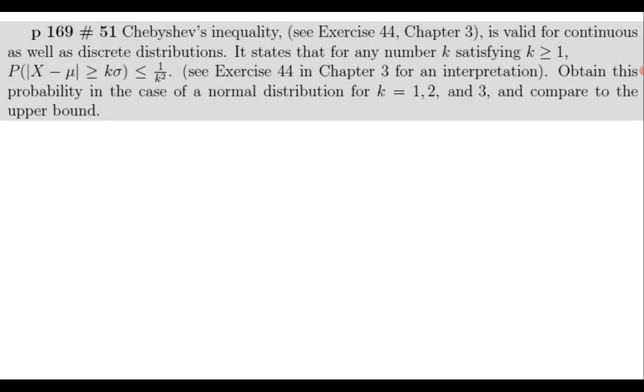The next question talks about Chebyshev's inequality, which works for discrete as well as continuous distributions. Now we need to compute these values for different values of k. So probability of mod x minus mu greater than or equal to k sigma needs to be computed. For example, take k equal to 1, take sigma on this side, so this simply becomes probability of mod z greater than or equal to 1.